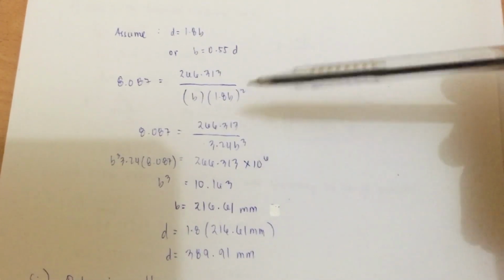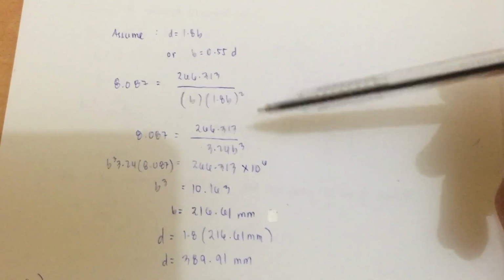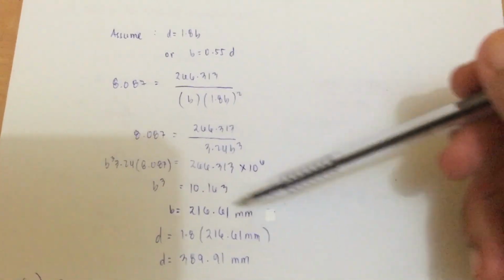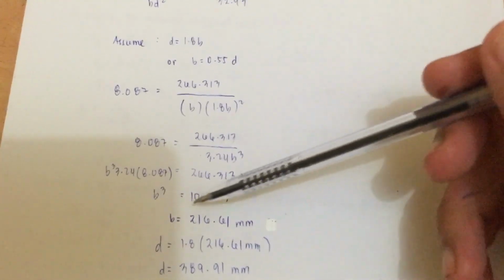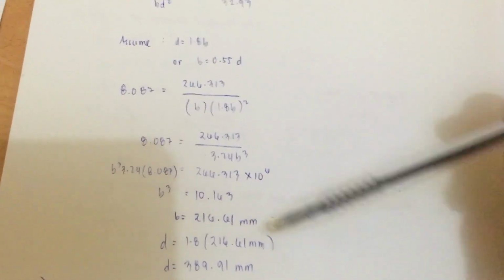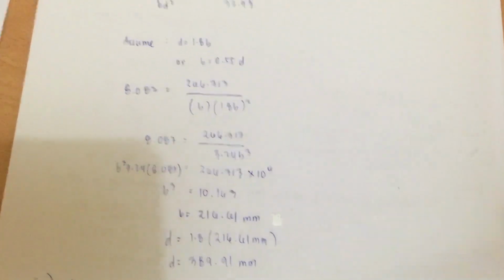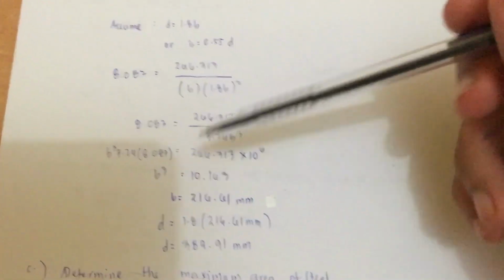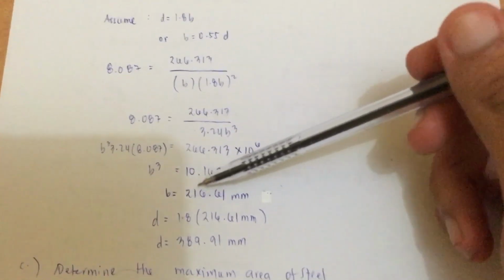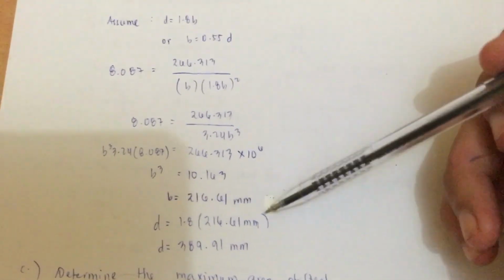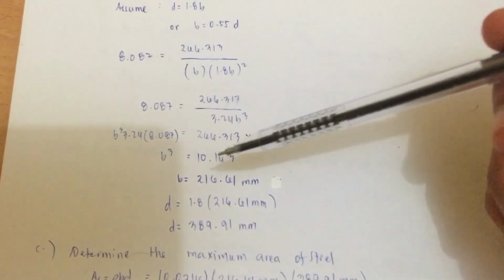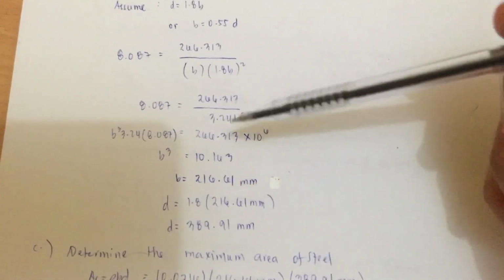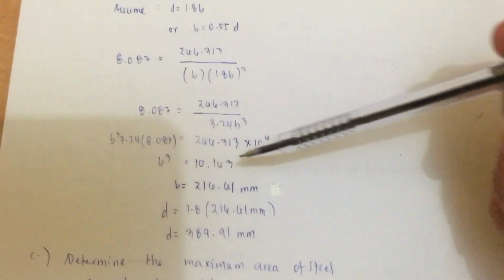This is practical because, according to the specifications, the least width for the concrete beam is 6 inches or 15 centimeters. So with this, we have 216.61 mm, or let's just say in meters, approximately 22 centimeters.